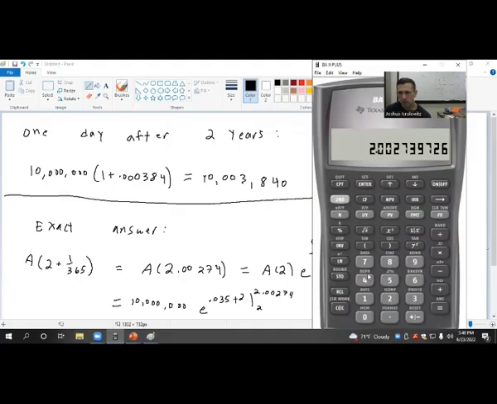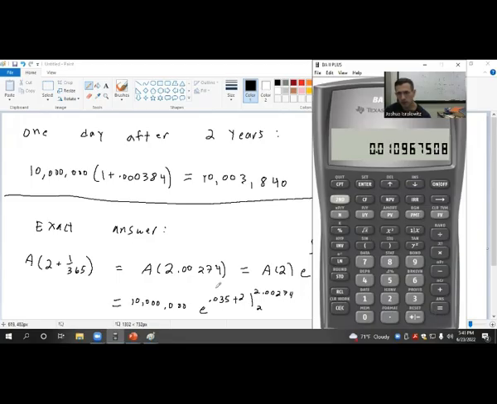So take 2.00274 squared minus 2 squared, which is 4. I forgot to multiply by 0.035, sorry about that. So 2.00274 squared minus 2 squared, times 0.035.